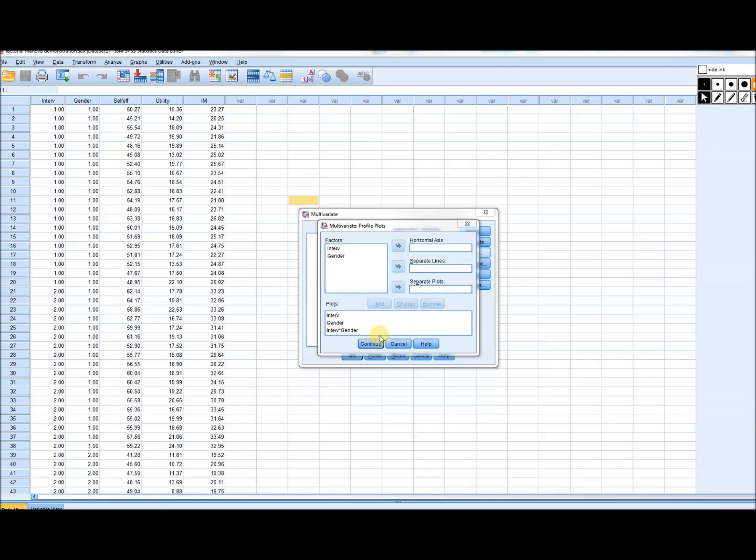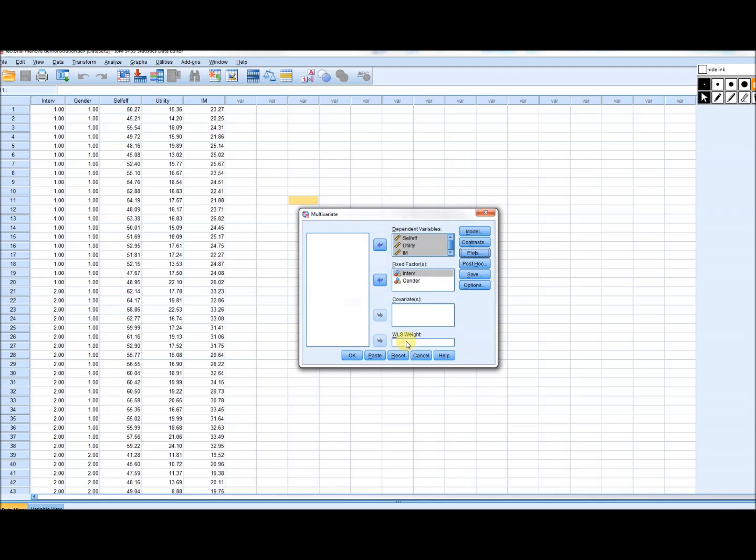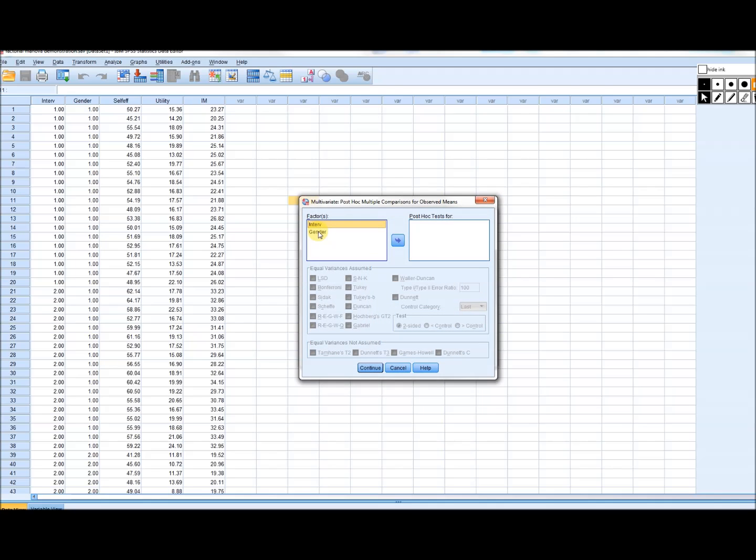So at this point, I'm going to go ahead and click on Continue, and basically there are various post hoc options that can be utilized as post hocs to the univariate follow-up tests that are presented by default in SPSS. So one example might be, if I click under here, for intervention, I can move this over to post hoc tests, and I can click on Tukey, and I can get post hoc tests for Tukey's.